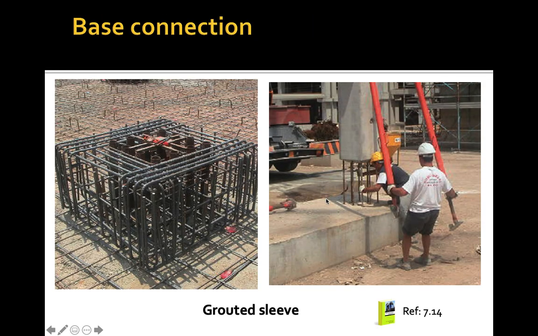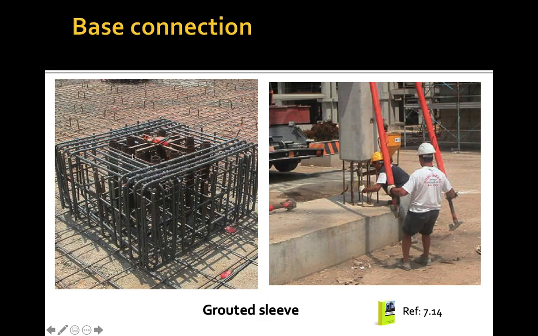And this is the example of a grouted sleeve. What you can see here is the foundation with the holes that have been prepared for the column to be placed.